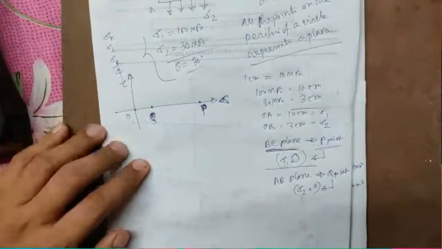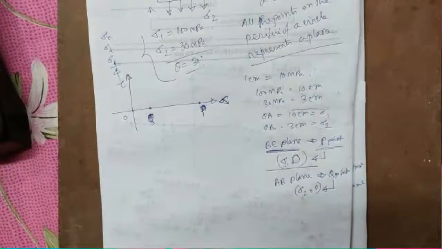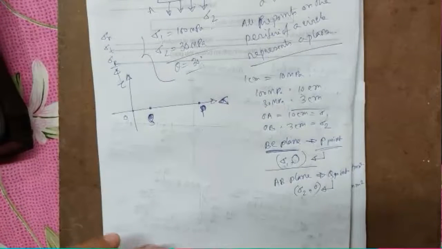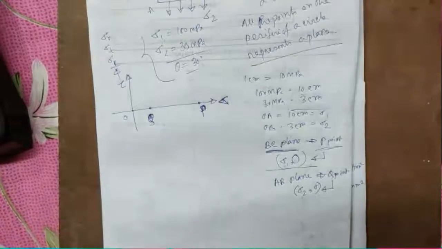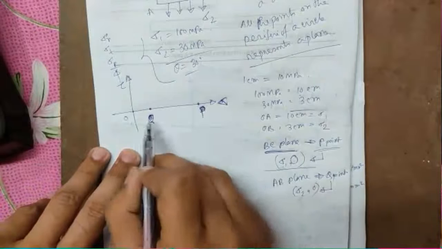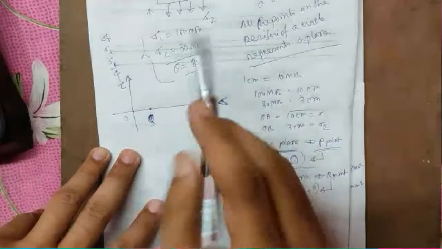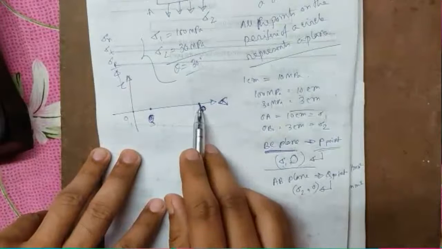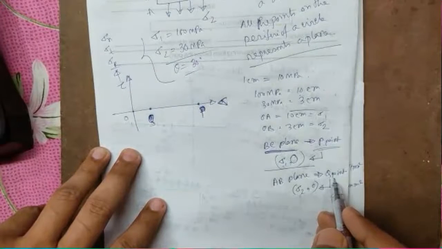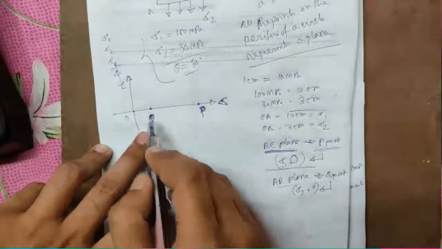For shear stresses it will have sigma 1 comma tau and sigma 2 comma tau. How they will come, we will solve in the next topic. Now we have located two planes P and Q. BC plane is represented by P, which is here, and AB plane is represented by this Q point, which is here.